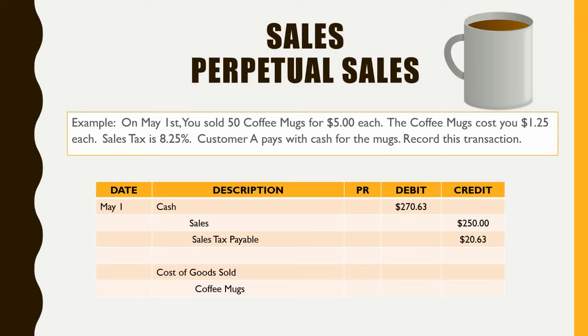So you sold 50 of them, so 50 times $1.25 is going to give you $62.50, and that's what you need to update your inventory with, okay? Because that's what it cost you to sell those 50 mugs.